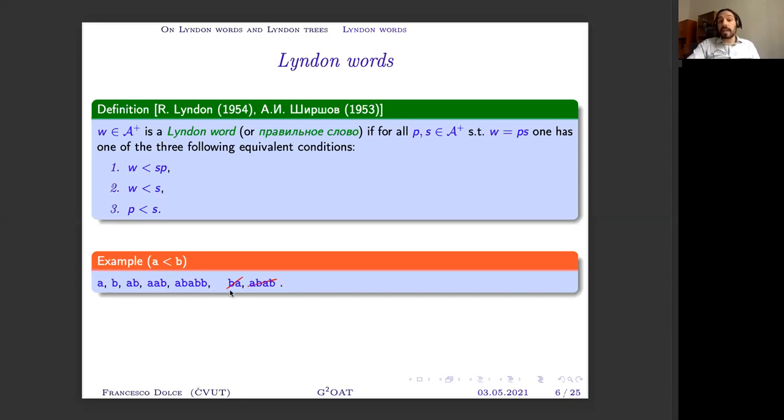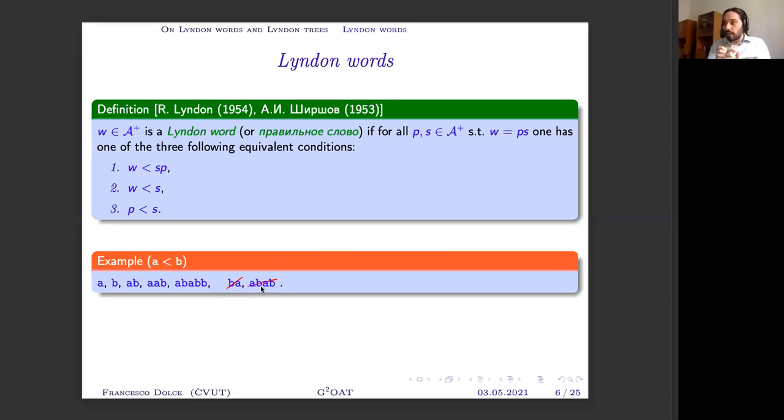On the other hand, BA is not a Lyndon word because its conjugate AB is strictly smaller. And ABAB is not a Lyndon word because it's true that ABAB is smaller than BABA, but whenever you consider the factorization AB and AB, and you switch, we obtain again ABAB, and this is not strictly smaller.